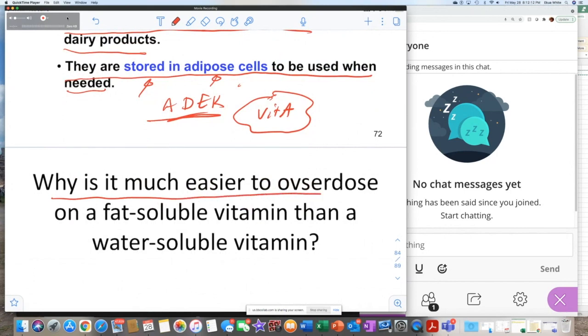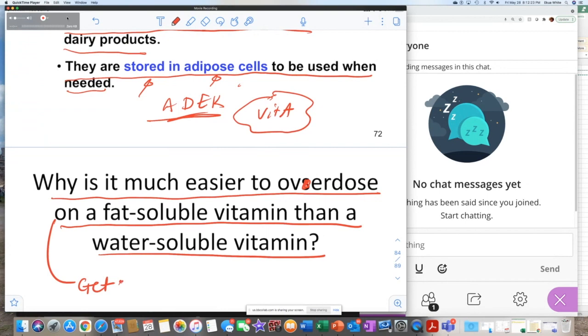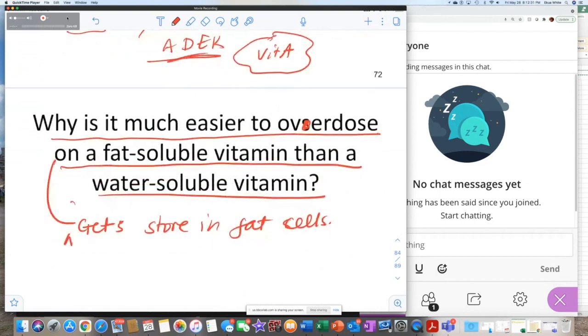So why is it much easier to overdose on a fat soluble vitamin than a water soluble vitamin? Because remember, the excess gets stored in fat cells to be released at a later date.